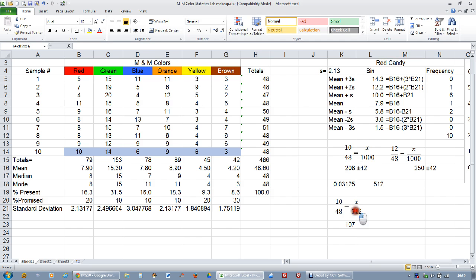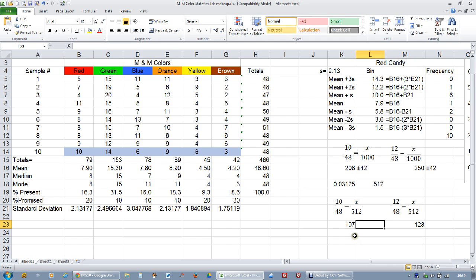And we could do the same thing here. We'll do 12 equals 12 times 512 divided by 48, 128, so we have a difference of 21.